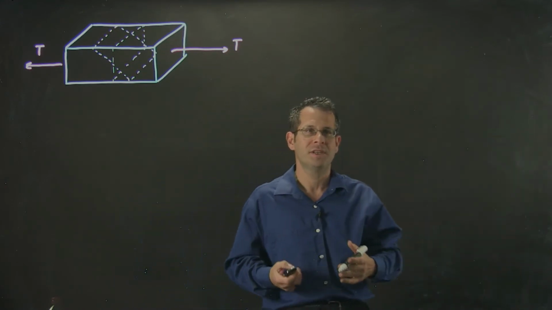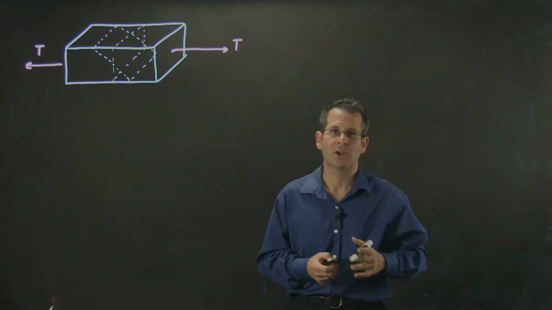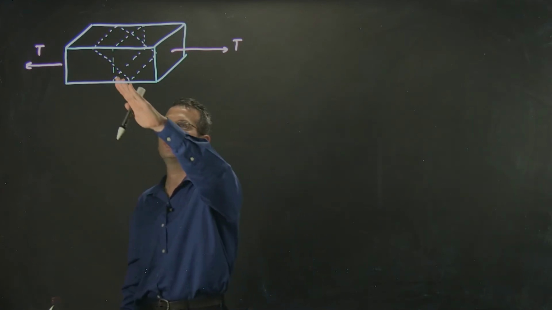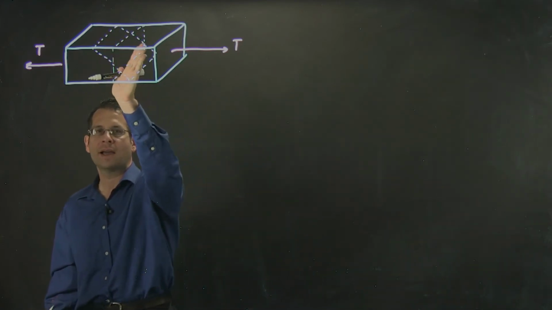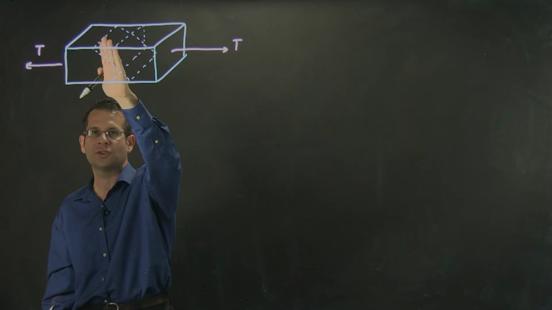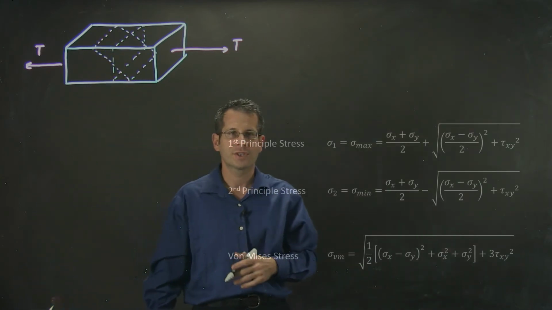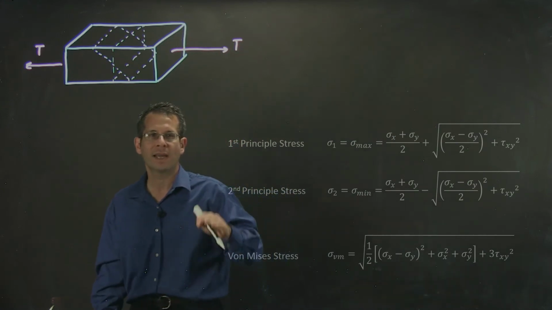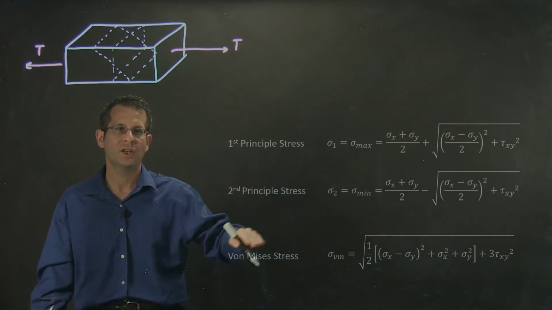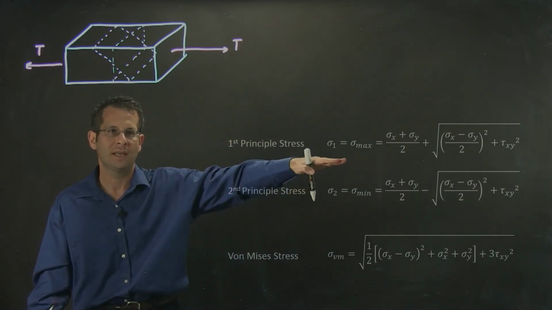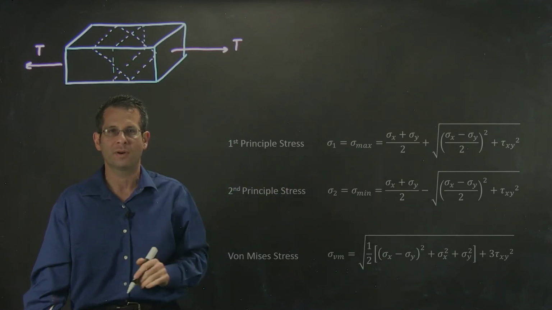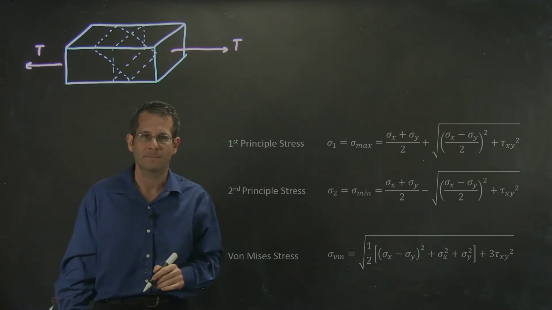There's a couple of different stresses we could look at. We could look at the stress for the plane that causes the maximum amount of stress in my object. That is called the first principal stress. You can calculate that stress using this formula here that you probably remember from your mechanics of material class.